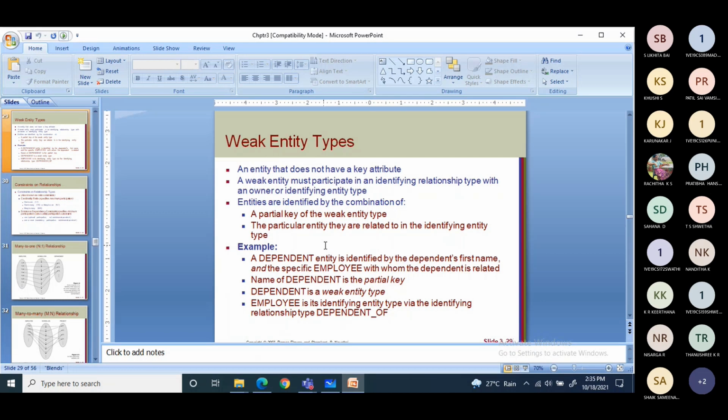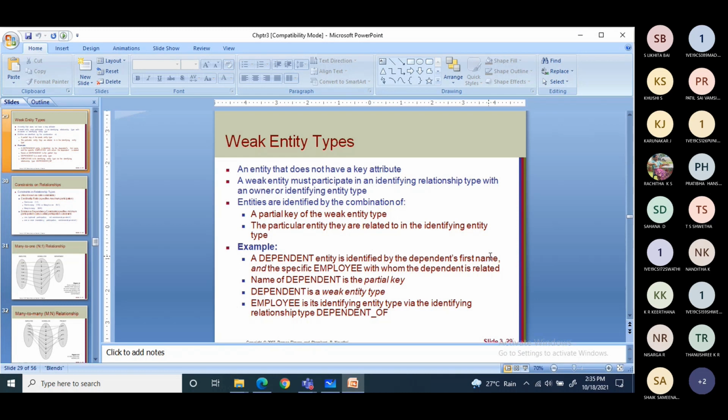So here is the example. Dependent entity is identified by dependent first name, but we cannot say that is unique. Maybe names are repeated. In any table, if names are repeated or the possibility is there, then we cannot say that it is a key attribute.